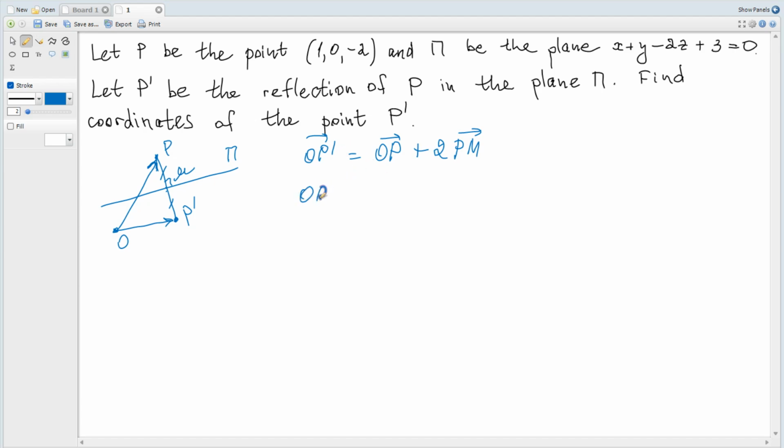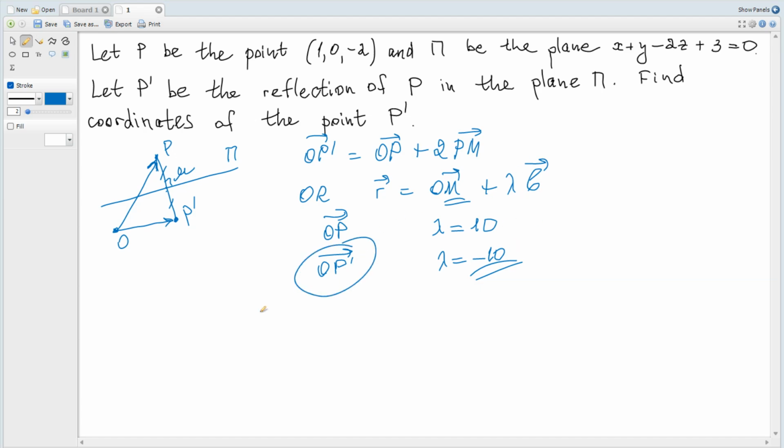Or another way, you can write the equation of the line through PP prime as OM, it's very important, OM plus some parameter times direction vector, and since the position vector of point P is given, we can find the corresponding value of this parameter lambda, and let it be, for example, 10. Then lambda corresponding to the point P prime will be negative 10, and substituting negative 10, it's just an example, you can find the position vector of point P prime.